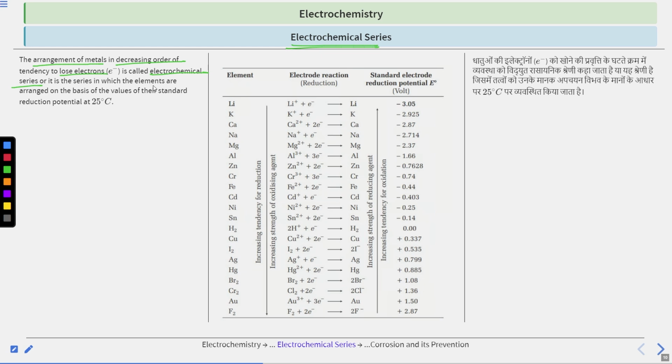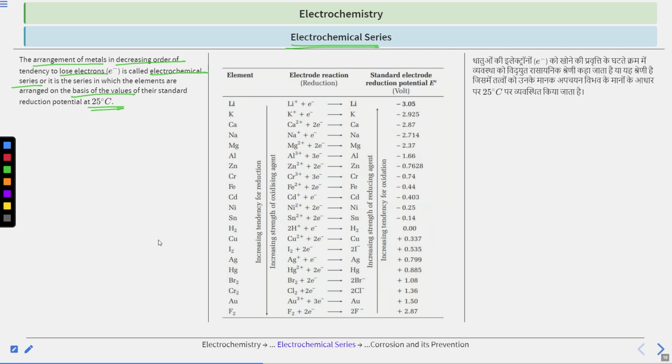It is a series in which the elements are arranged on the basis of values of their standard reduction potential at 25 degrees Celsius. So at 25 degrees Celsius, they are showing what the standard reduction potential value will be.